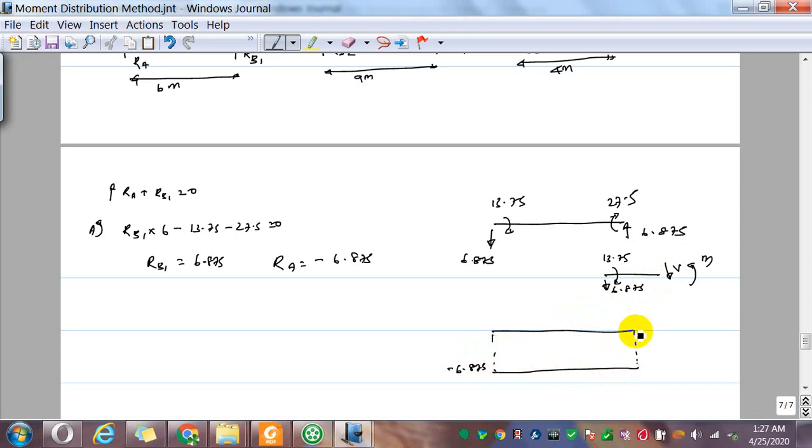So 6.875, and it becomes 6.875 to 0. Okay, so your shear force diagram is this. So that's the negative constant shear.